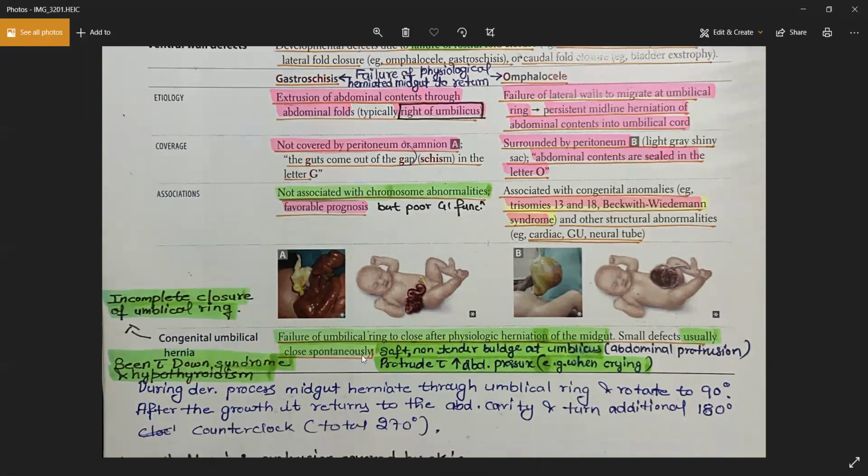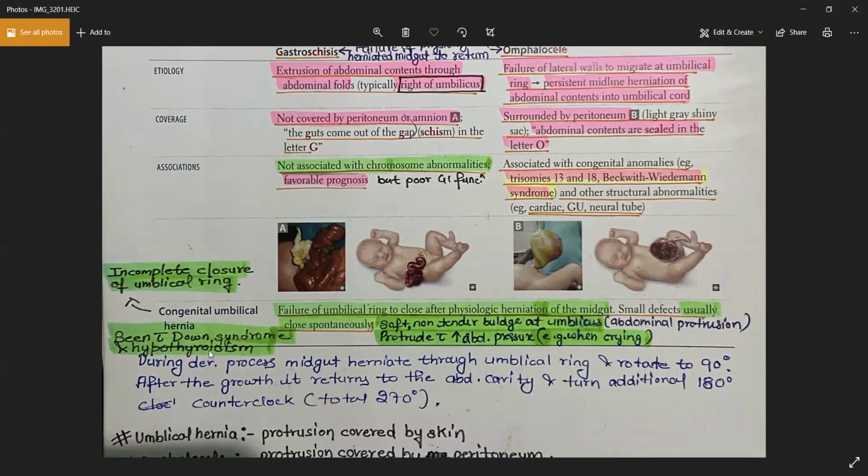This is the congenital umbilical hernia, and it is associated with Down syndrome and hypothyroidism. If you guys remember, we have discussed the hypothyroidism scenario, and how the pot belly is there. Remember, guys? Yeah. This is the umbilical hernia.